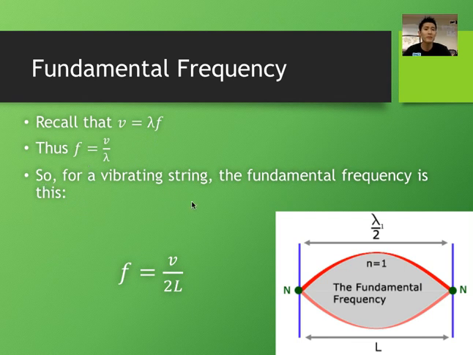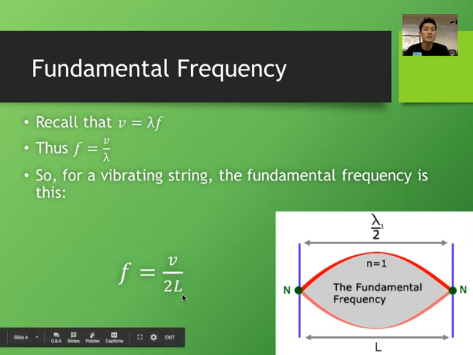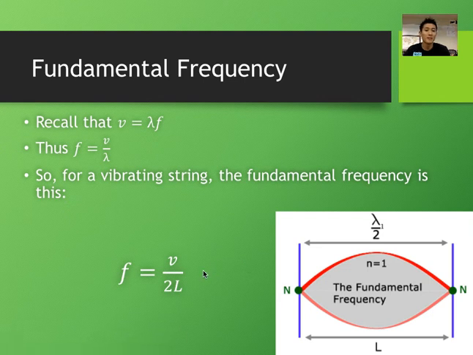And so notice for a vibrating string, we're going to talk about vibrating strings first. The fundamental frequency is going to be the speed of the string divided by 2 times the length. Okay, that's going to give us the fundamental frequency of the vibrating string.